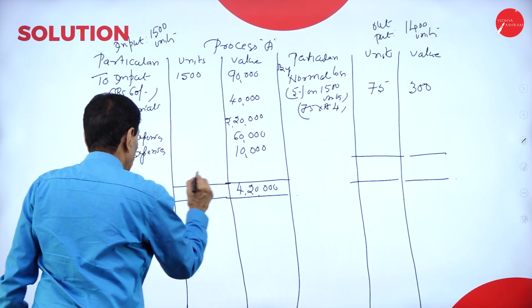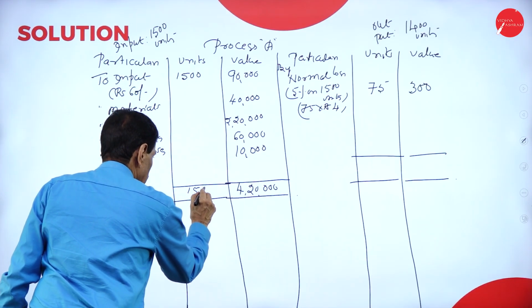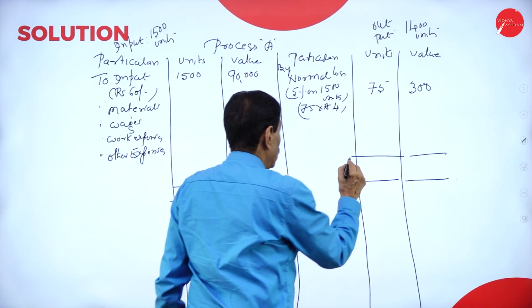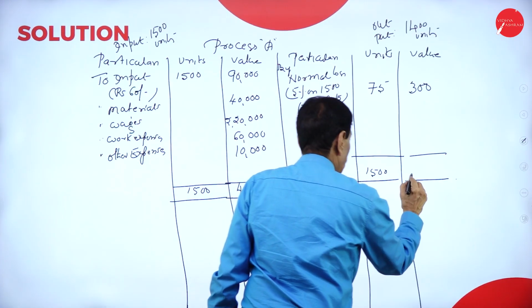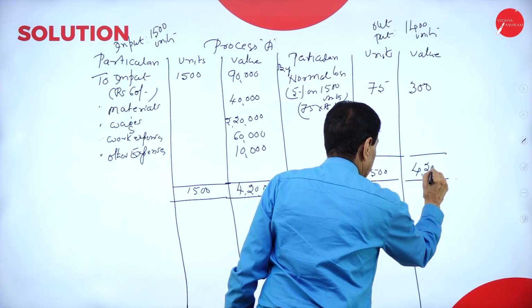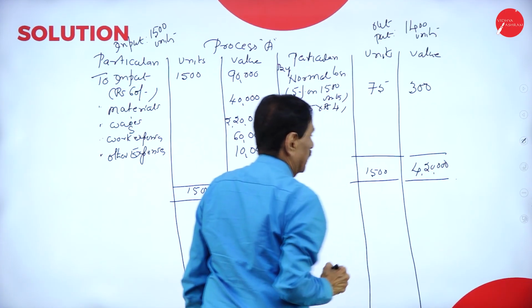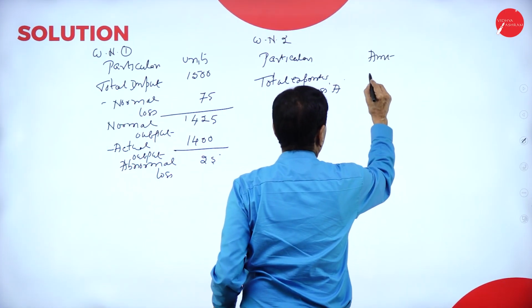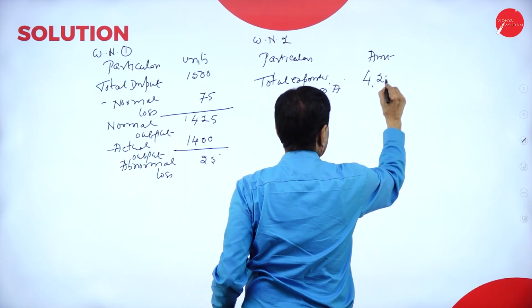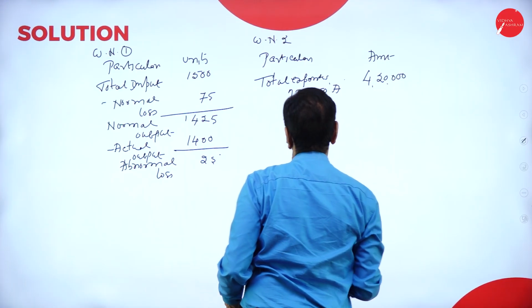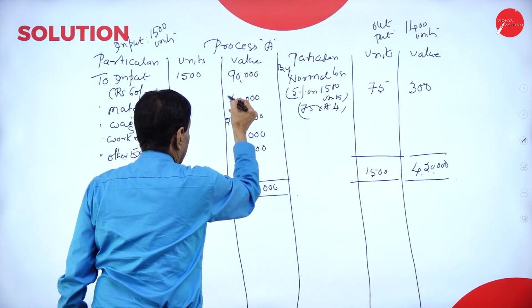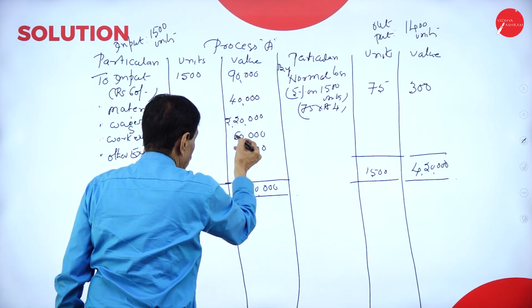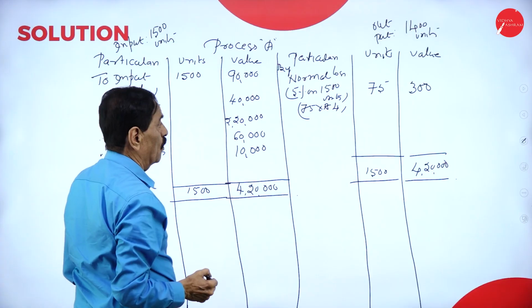Then this is 1,500 units, here 1,500, amount 4,20,000. What is the total amount? 4,20,000.